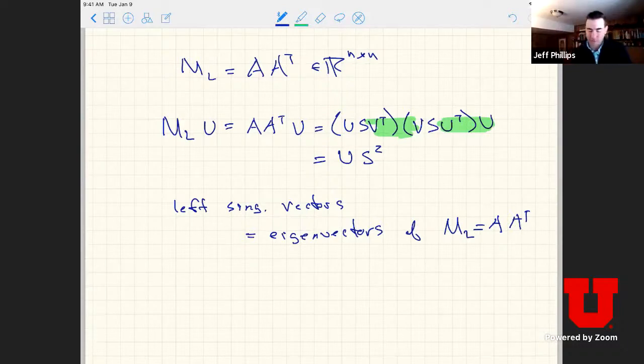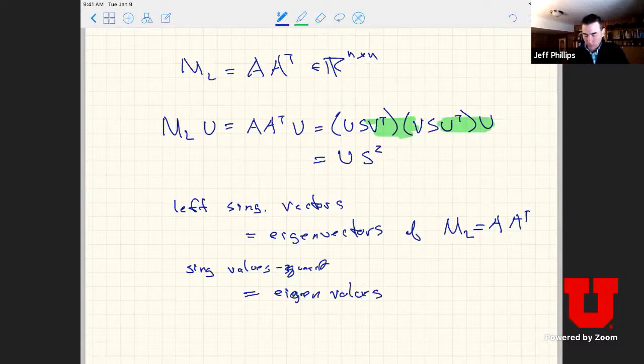These are just symmetric as before, and I still have that the singular values squared are going to be equal to the eigenvalues of ML, which is A transpose. Okay, so I'm getting the same thing happening again, just when I multiply it the other way.